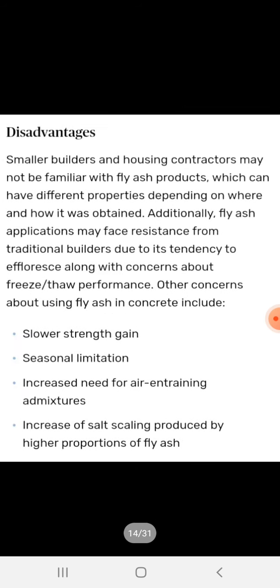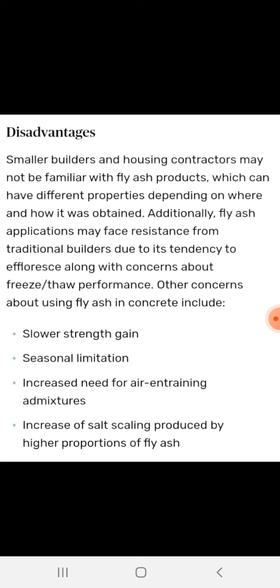Next, disadvantages. Smaller builders and housing contractors may not be familiar with fly ash products, which can have different properties depending on where and how it was obtained. Additionally, fly ash applications may face resistance from traditional builders due to its tendency to effloresce, along with concerns about freeze-thaw performance.